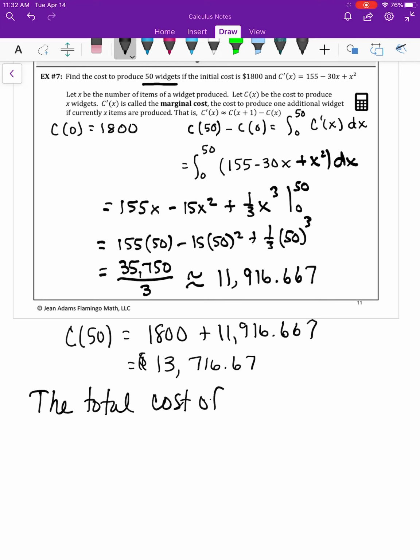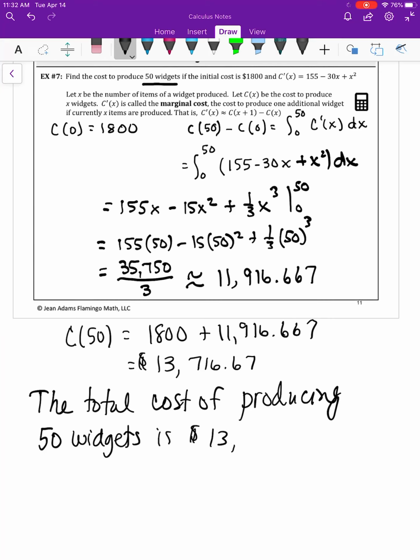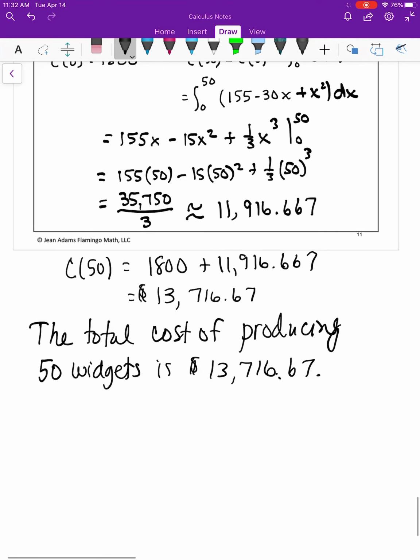So $13,716.67. So the total cost of producing 50 widgets is $13,000.